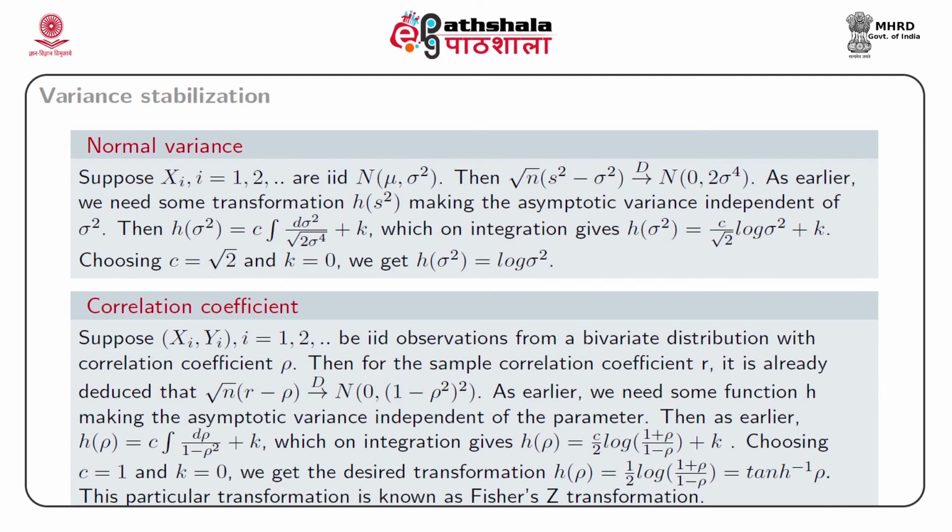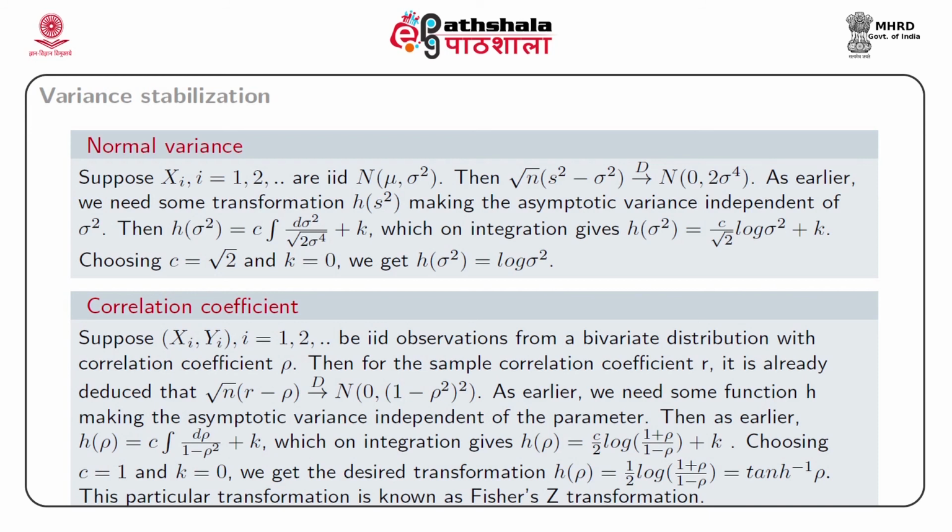So, as earlier, if we need some function h making the asymptotic variance independent of the parameter, we have to solve the differential equation as given earlier, and performing the solution and integration, we find that h(rho) comes out as half log of (1 plus rho) divided by (1 minus rho), which can be equivalently expressed as tanh inverse rho, and this particular transformation is very important in statistical literature and is known as Fisher's z transformation.